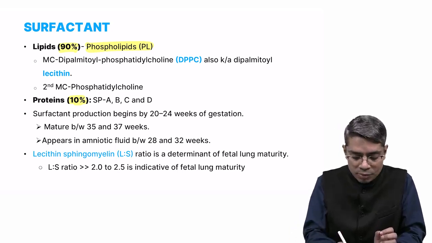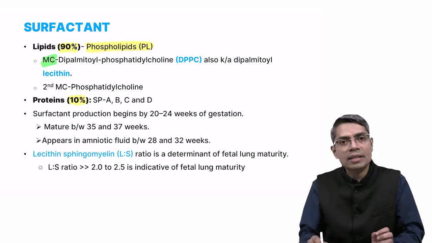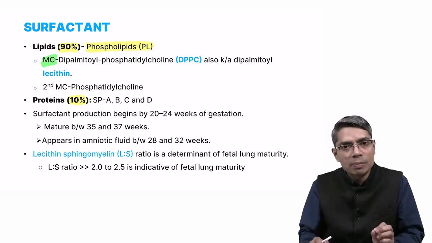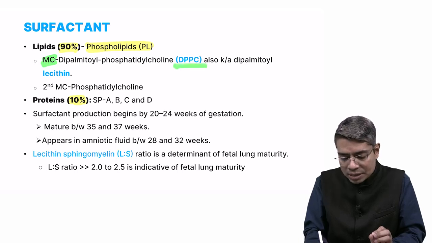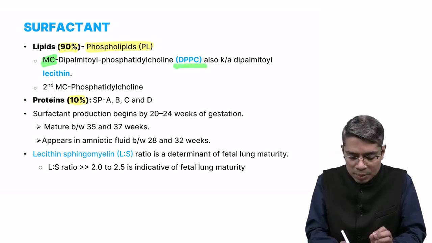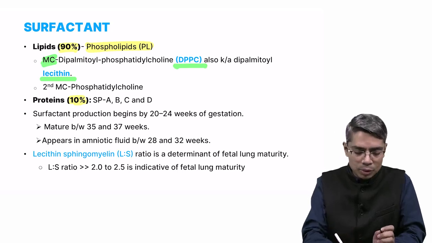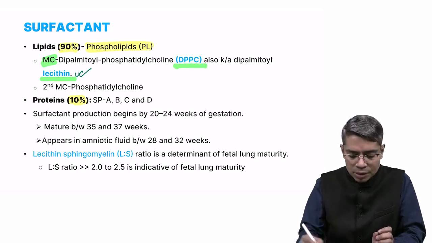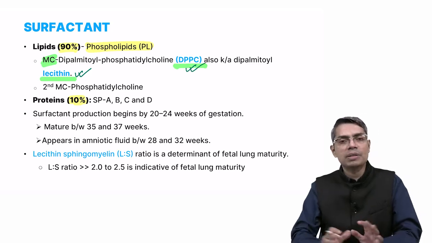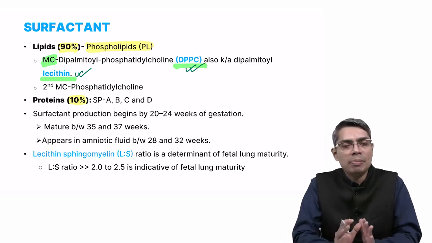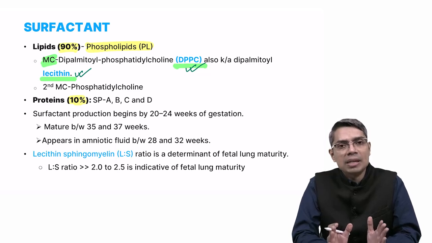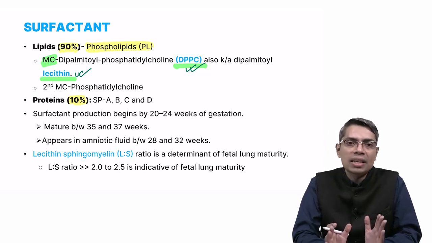The most common phospholipid present in surfactant is dipalmitoyl phosphatidylcholine, which is also known as DPPC. The other name of DPPC is lecithin. So you have to remember both names. Either you remember lecithin or DPPC, both are the same, but you have to remember both, dipalmitoyl phosphatidylcholine or lecithin.